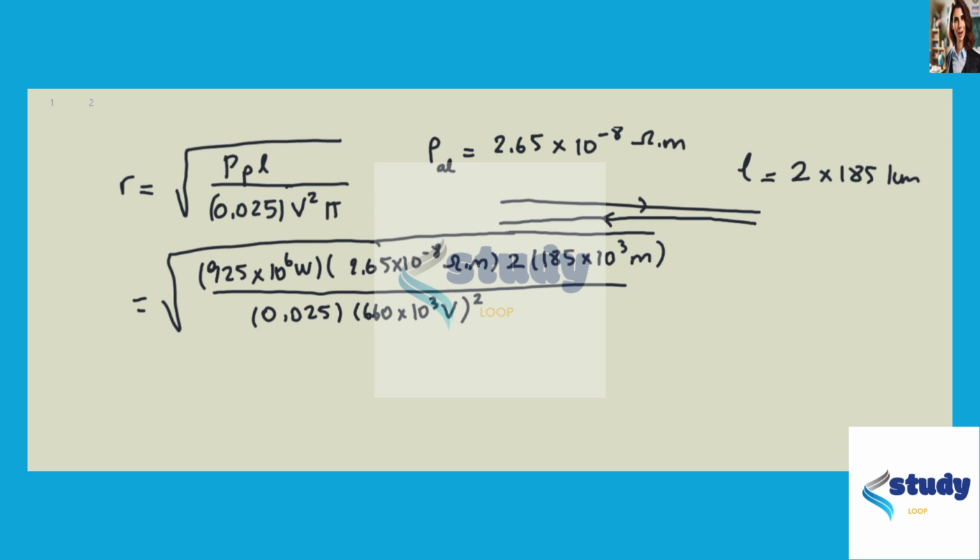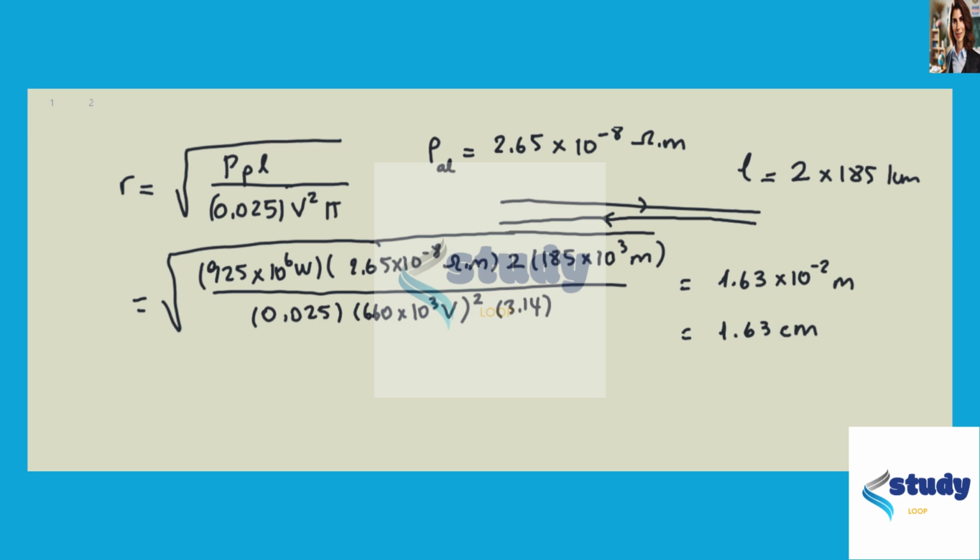Don't forget to square it, and then 3.14. When you plug everything in, what you get for the radius is 1.63 times 10 to the power negative 2 meters, which corresponds to 1.63 centimeters.